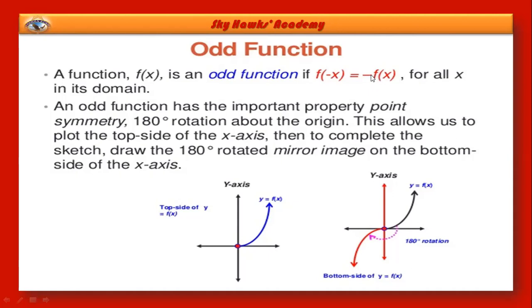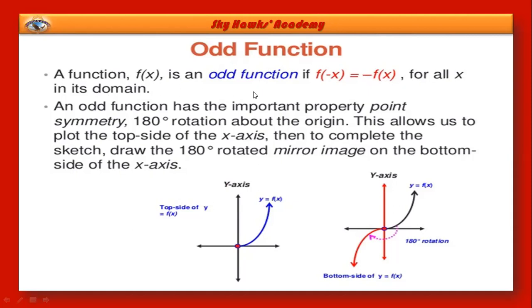So that time we are getting the negative of this function. My f of x is given and you are replacing with minus x, so you are getting minus of the function. So the negative sign is coming out for all x in its domain.